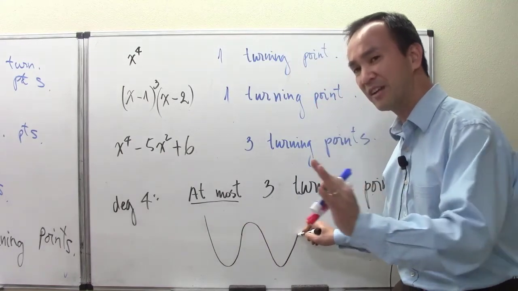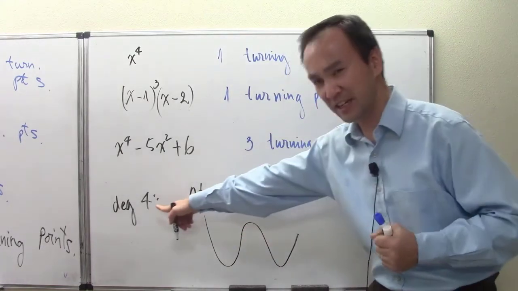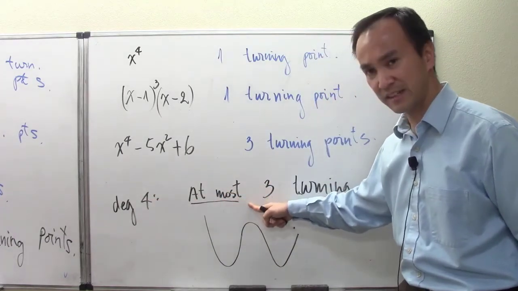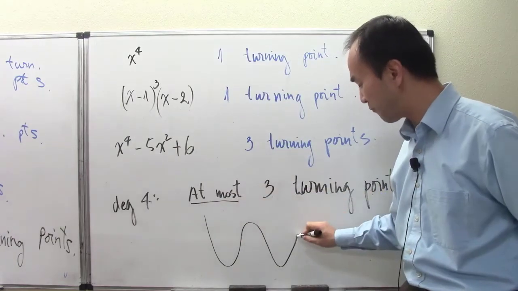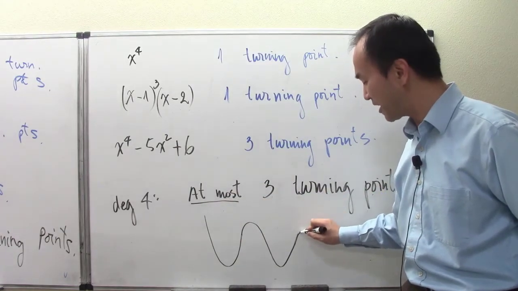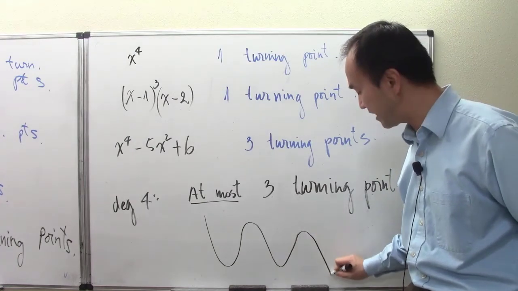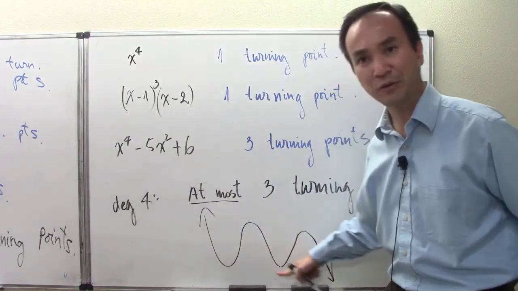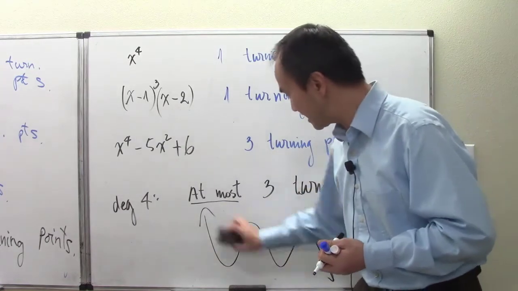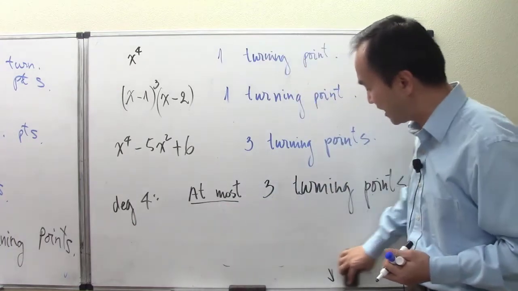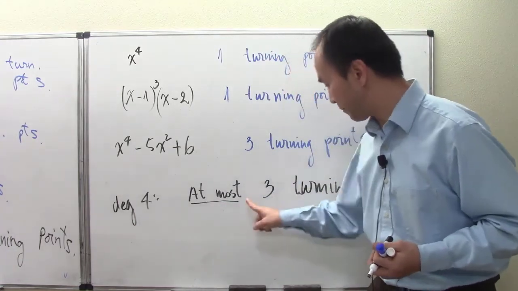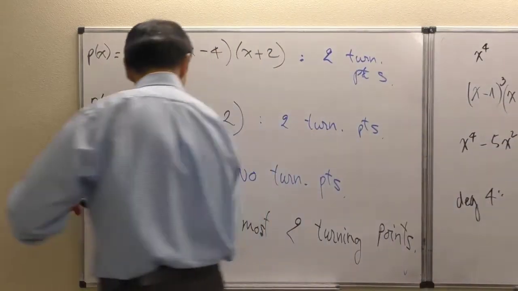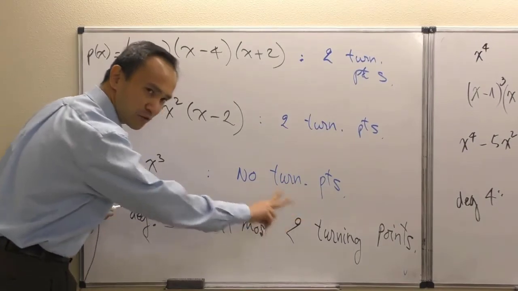If we are trying to make a fourth turning point on a fourth degree, it cannot be a fourth degree anymore, because it has to turn down, and so now the end behaviors will not agree with each other. That's another way of seeing why a fourth degree can have only at most 3 turning points, and a third degree polynomial can only have at most 2 turning points.